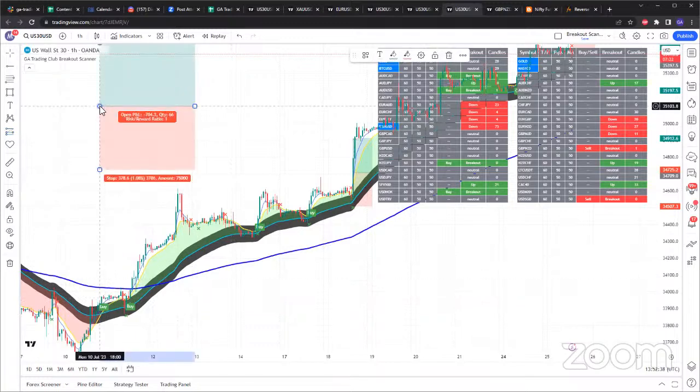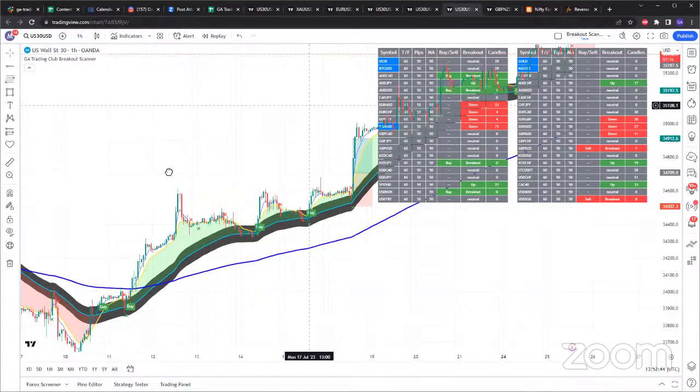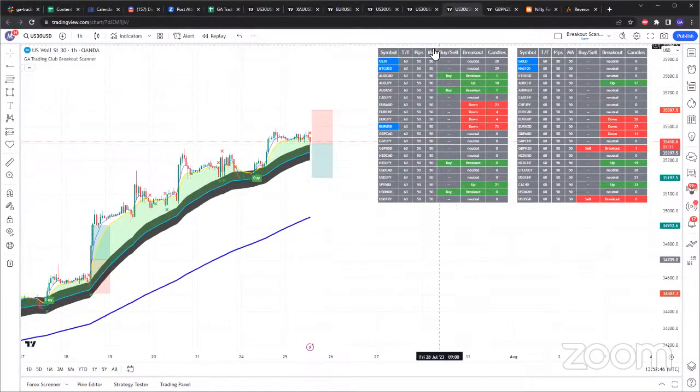So for example, here, looking over what Marcus found. This is US 30 based off of the 1 hour time frame. So remember, all the breakout signals you get on this table are based off of the time frame. They're not based off of the instrument you put here. So for example, here you can see we have 4 buys and 2 sells, and this is US 30 on the hourly.